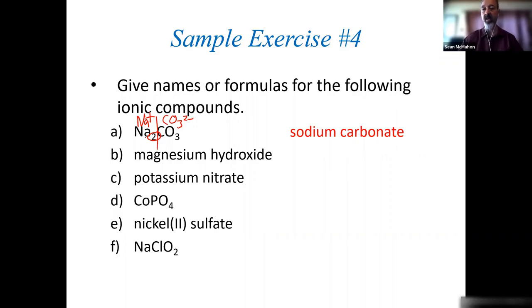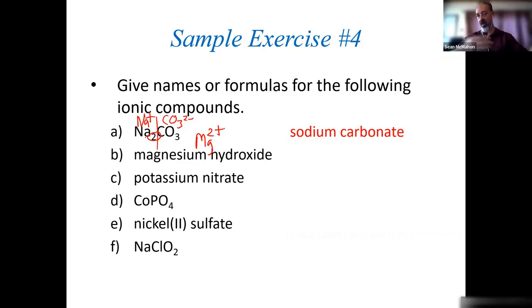What about the next one? Magnesium hydroxide. Now I have the name and I have to figure out the correct formula. This is hard because remember, students go boom and they think they're done. Don't do that. When you see that it's magnesium and hydroxide, you're like, oh, there's a metal. Ding, ding, ding, ding. I need to think of charges. So I would say to myself, magnesium's in group 2A. It's a 2+. And then I go hydroxide.